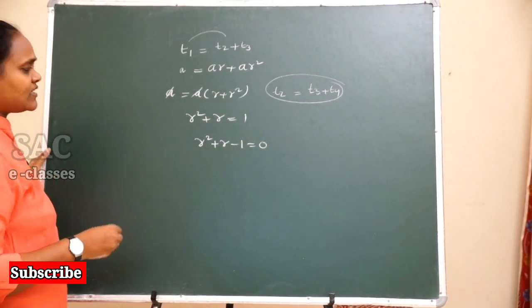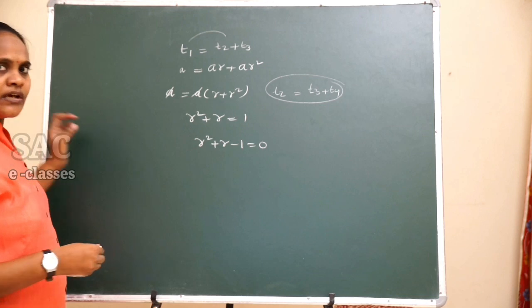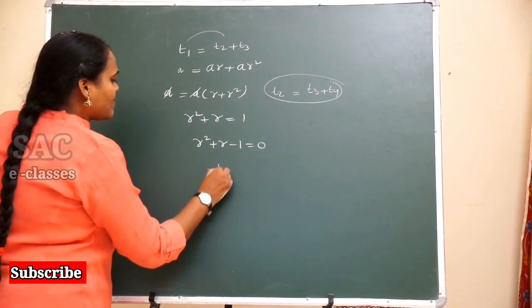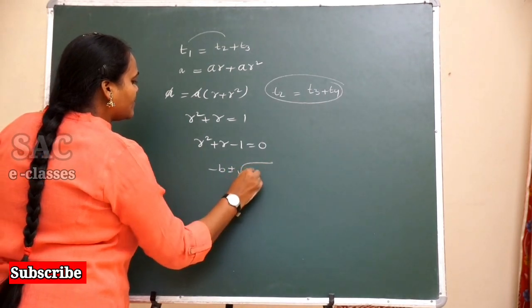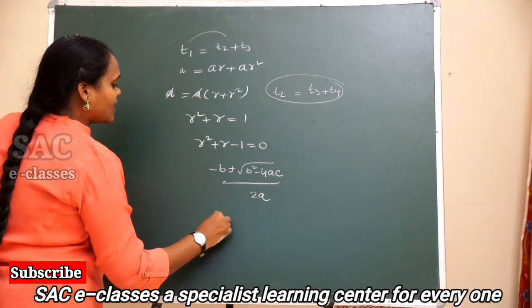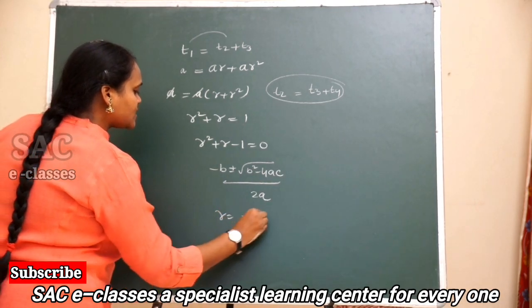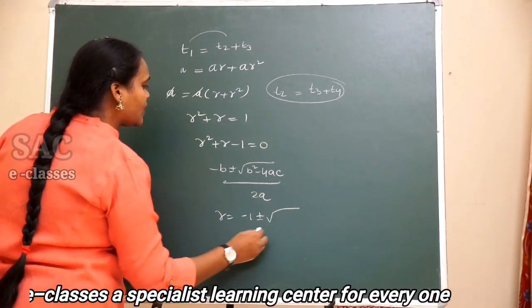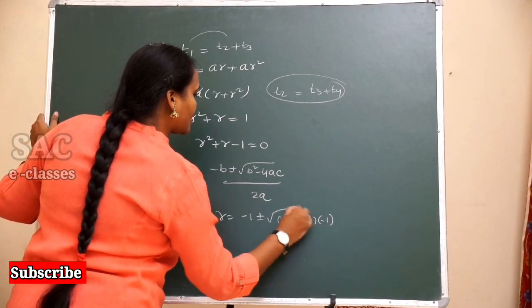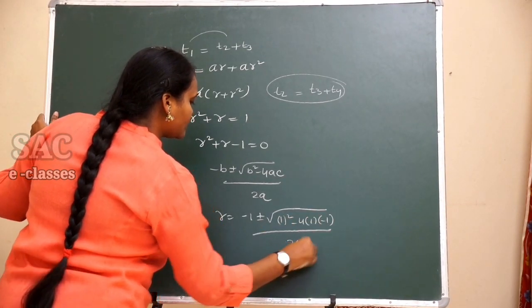You can't factorize this one, so go for the quadratic formula: minus b plus or minus root over b square minus 4ac by 2a. Then r equal to minus 1 plus or minus root over 1 whole square minus 4 into 1 into minus 1, by 2 into 1.